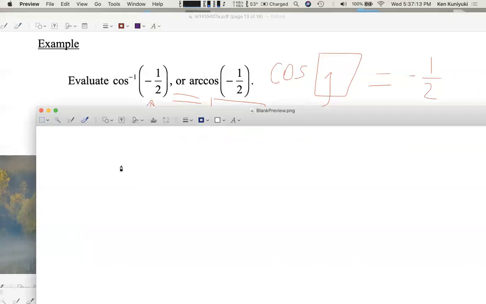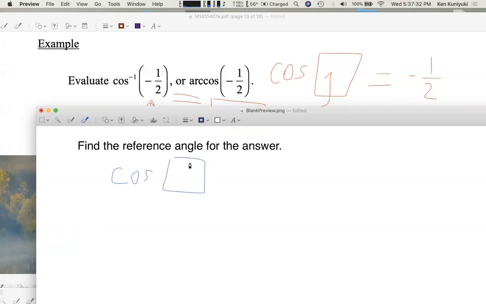Now, first of all, it might help to find the reference angle. You might tell that the answer will not be a quadrantal angle. Find the reference angle for the answer. In particular, I want to find an angle such that the cosine of this reference angle is positive 1/2, because that's an easier question to answer. In fact, you might have a table or a unit circle picture ready-made for this.